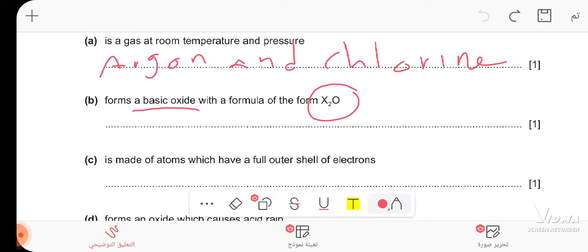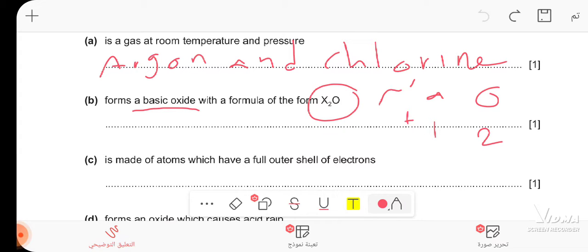The metal which gives X2O, as you know, is a first group element, which has valency, such as sodium, for example. It has valency positive 1, and oxygen has the valency of 2.